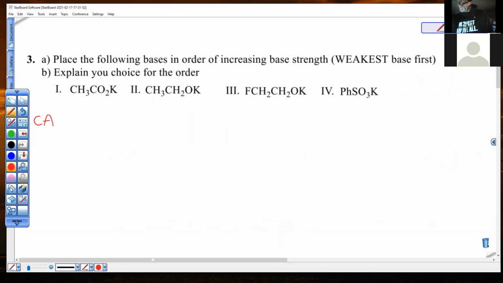CA. This, don't forget, everybody's got a spectator here that's irrelevant in this question. And this is CH3CO2H.